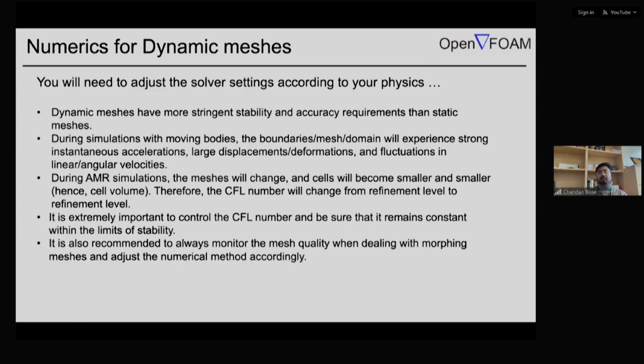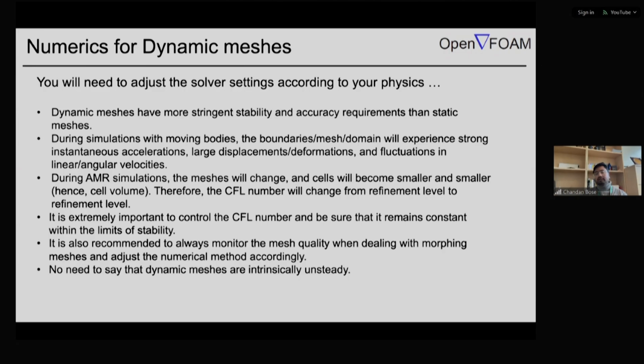So we have to make sure of that, otherwise our solution will diverge. Also, it is recommended to always monitor the mesh quality when dealing with morphing meshes and adjust the numerical methods, because if the cell deforms too much, the non-orthogonality or the skewness of the cells go beyond the set tolerance value, and that leads to the divergence of your solution.